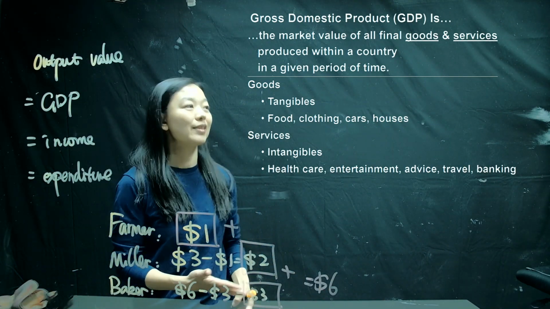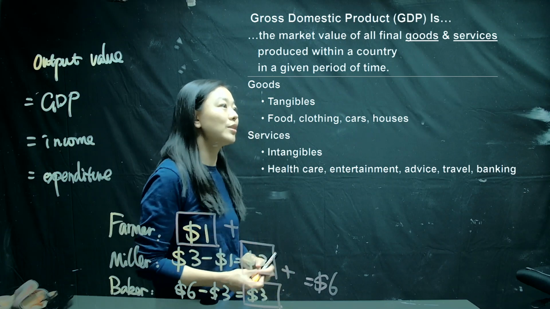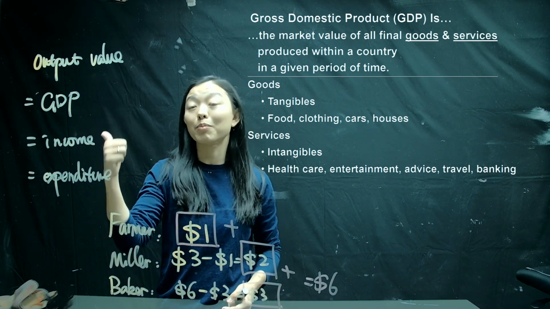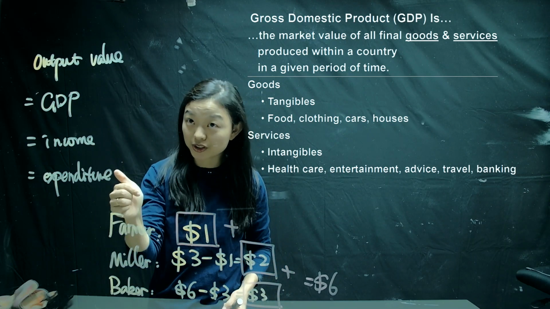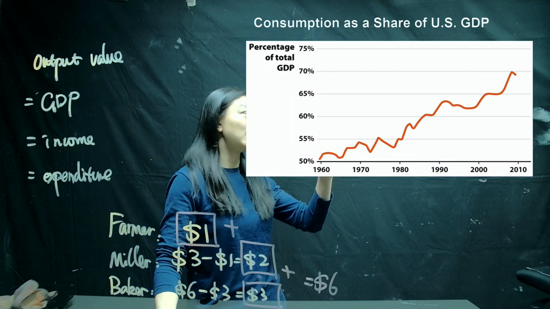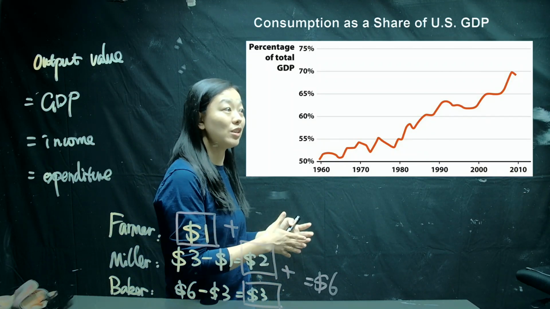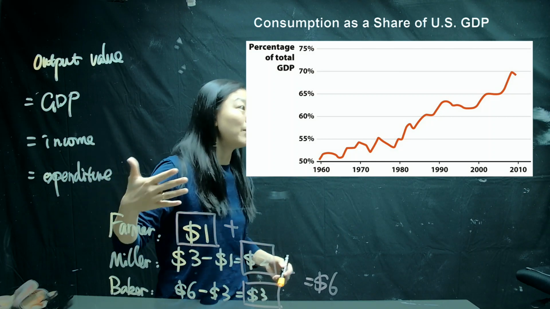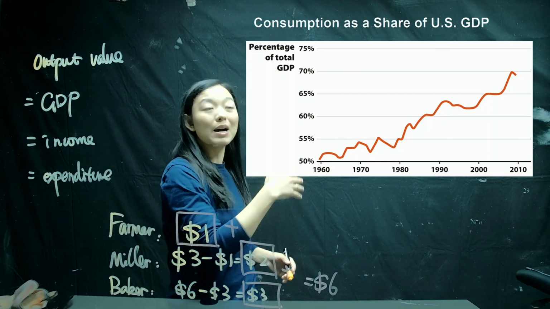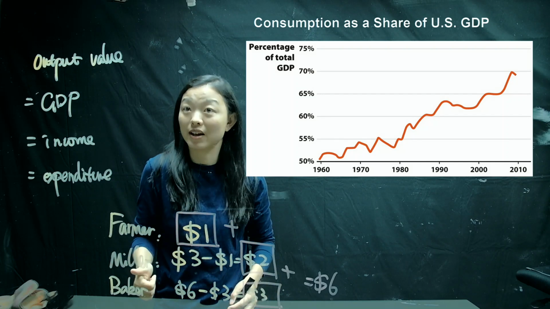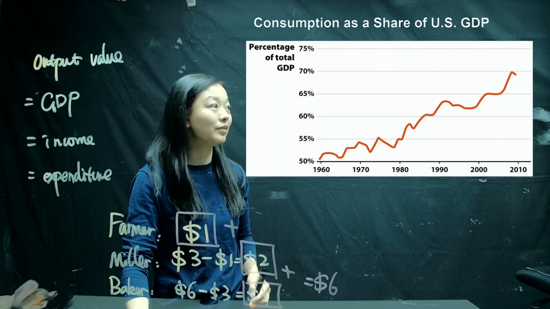Those are the services, which are intangible. Therefore, GDP includes the market value of all final goods and services. In the United States, consumption as a share of GDP from 1960 was nearly 50%, but now consumption, including goods and services, takes more than 70% of our GDP.